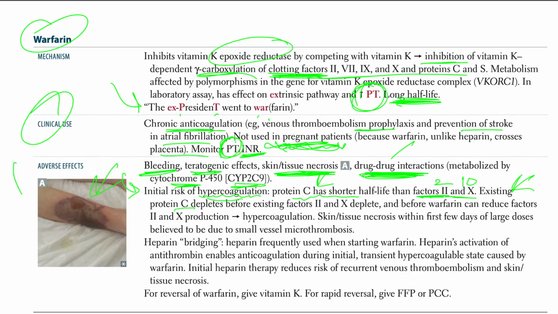Existing protein C depletes before existing factors 2 and 10 deplete, and before warfarin can reduce factors 2 and 10 production. This leads to hypercoagulation. That makes sense. So initially, you are at risk of having a hypercoagulable state. Skin tissue necrosis occurs within the first few days of large doses and is believed to be due to small vessel microthrombosis.